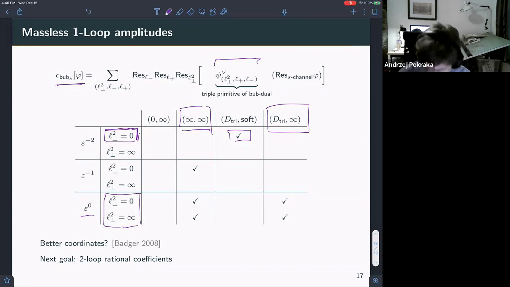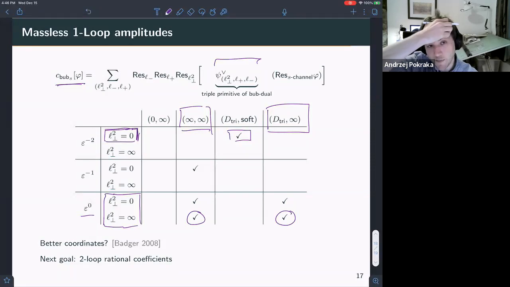And the thing that makes us think that this algorithm could be improved is that in 2008, Badger was able to extract the rational coefficients for one loop amplitudes, and he only needed the L perp squared to infinity residues.